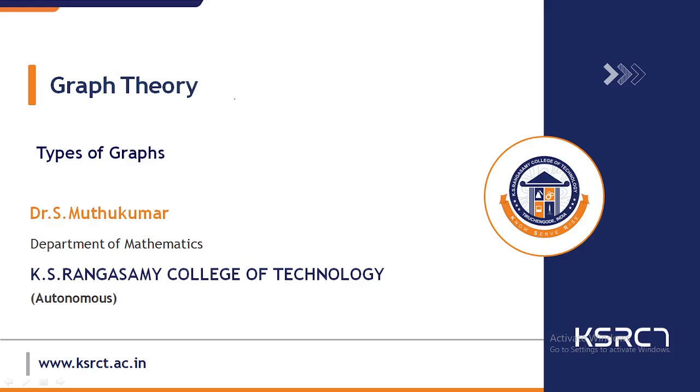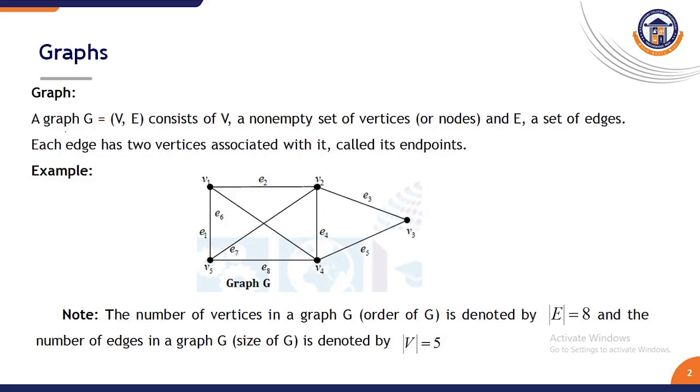In this video, I am going to explain about the different types of graphs. What is meant by graph? A graph G is a set of ordered pairs (V, E), where V is a vertex set and E is an edge set.